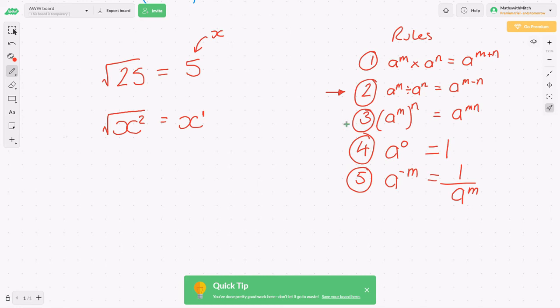But we've just said, if we look at rule 3 here, that if we have something in brackets and then we raise something else to the power, we times the powers together. So we could say here x squared times something is x to the power of 1, and we can try and find out what this something is.